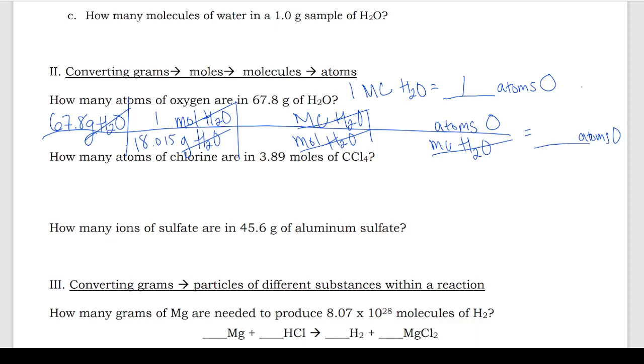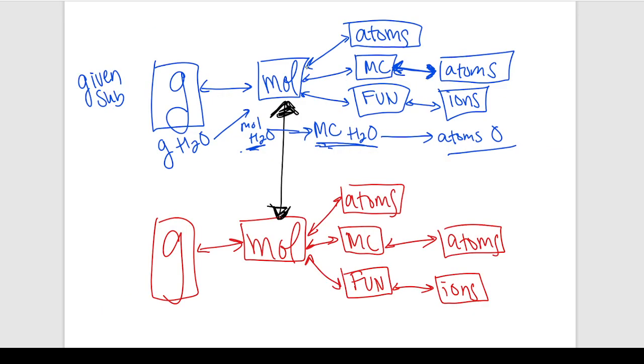Between molecules and moles, my conversion factor, so I'm going from moles to molecules, so that's this line right here. What is our conversion factor? You have the right idea, but the number you said was a little bit off.